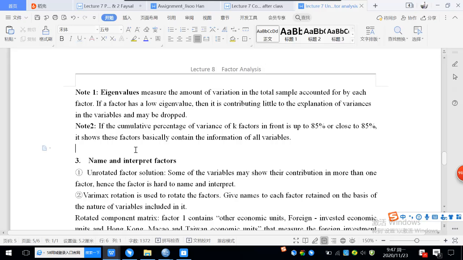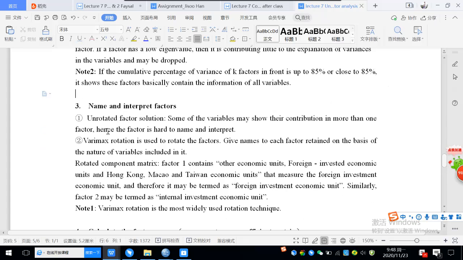Okay, third question is please name and interpret factors. 2 factors have been extracted. Yes, please give them name. Please name them and interpret the factors. So let's look at the unrotated factor solution.